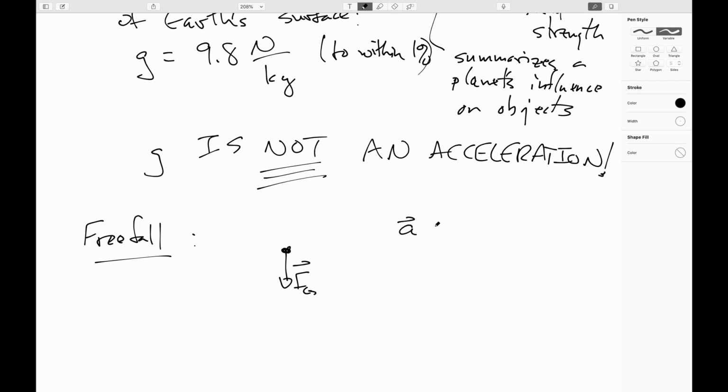Following Newton's second law of motion, this says that the acceleration is the net force over the mass, which is the gravitational force over the mass. And this mass is the inertial mass.